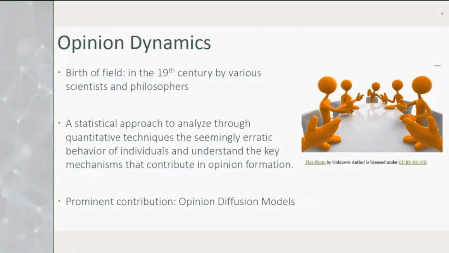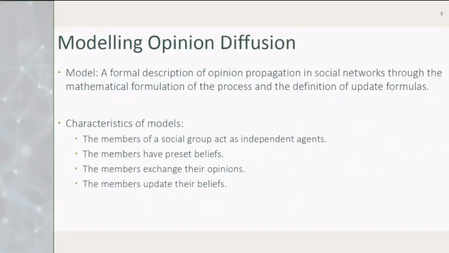So opinion dynamics studies this process and produces opinion diffusion models, which are mathematical formulations for the process of opinion diffusion. These formal descriptions basically model the opinion propagation in social networks, and they also present some update formulas that can be used to simulate the opinion formation of individuals through time.